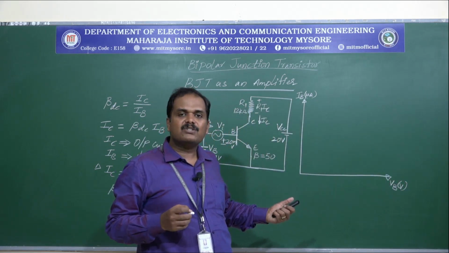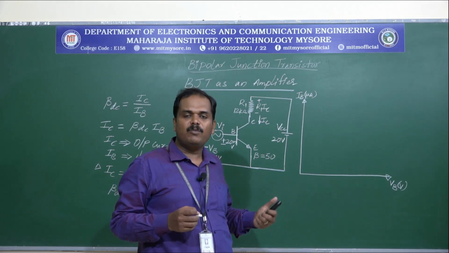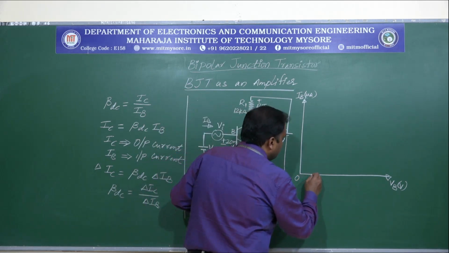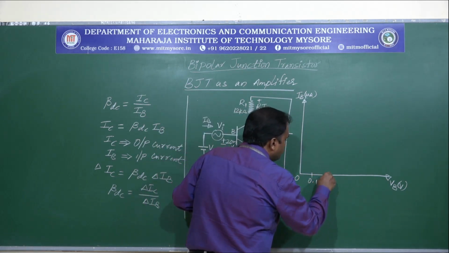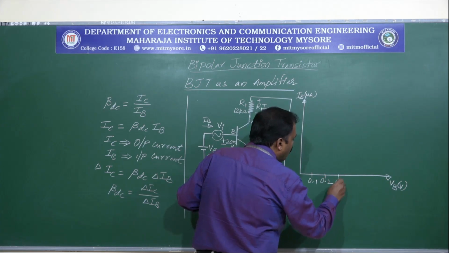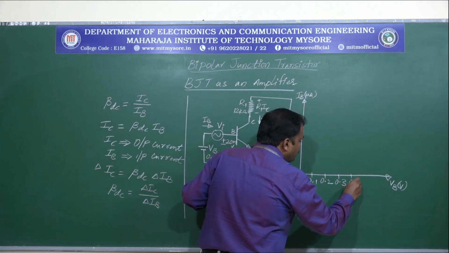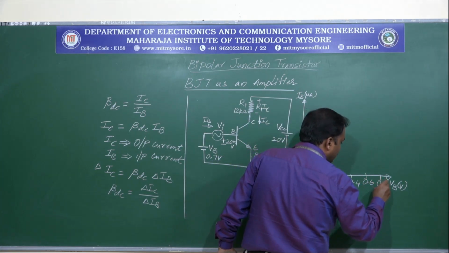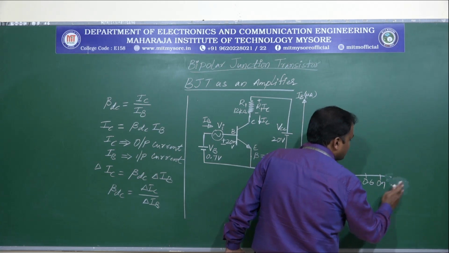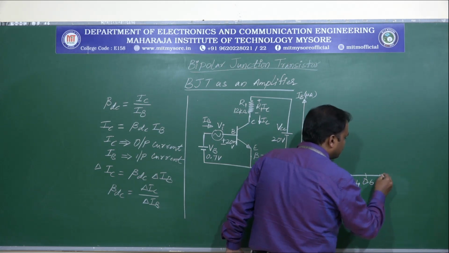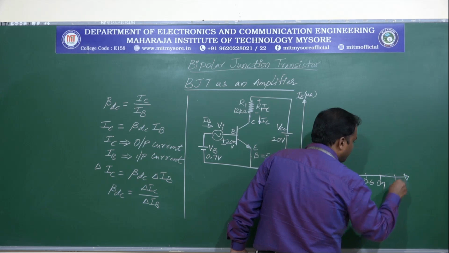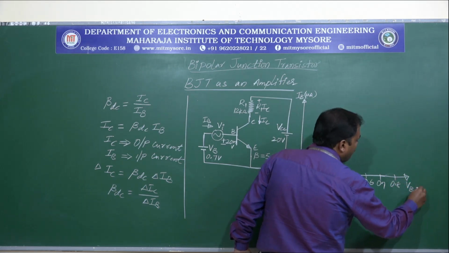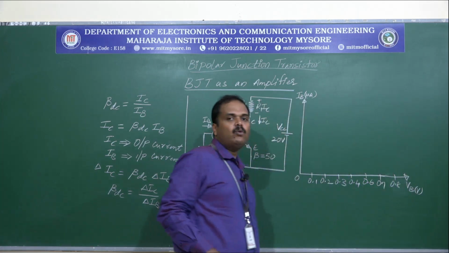The input characteristics will be almost similar to the VI characteristics of a diode. So let us say the scale is in steps of 0.1 volts. Let me draw this. Let me extend this. 0.8, so this is VB, which is represented in volts.